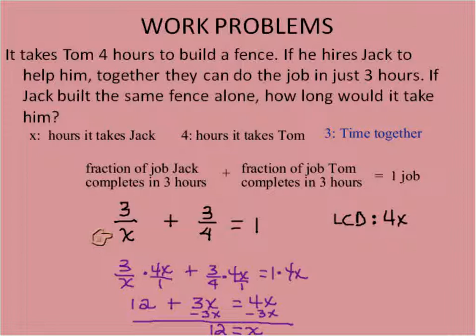So 3/12 is 1/4. So he completes 1/4 of the job, where Tom completes 3/4, and adding 1/4 and 3/4 does give you 1. So you can check it. But the answer that they were looking for is how long will it take Jack. So it takes Jack 12 hours.